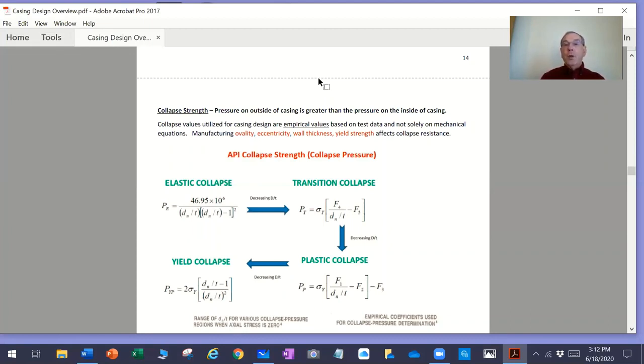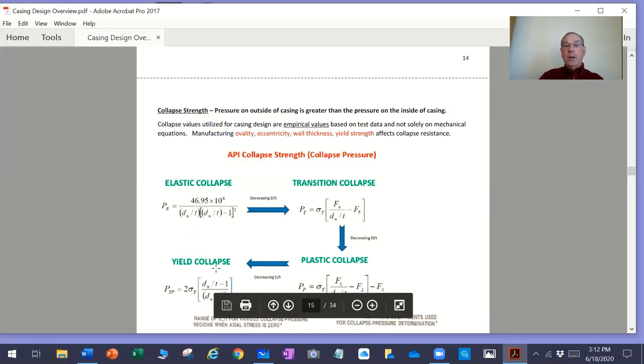So they're based on test data and not solely on mechanical equations. We can derive the two end-member equations for elastic collapse and for yield collapse, but the other two equations for transition collapse or plastic collapse, we cannot derive those.